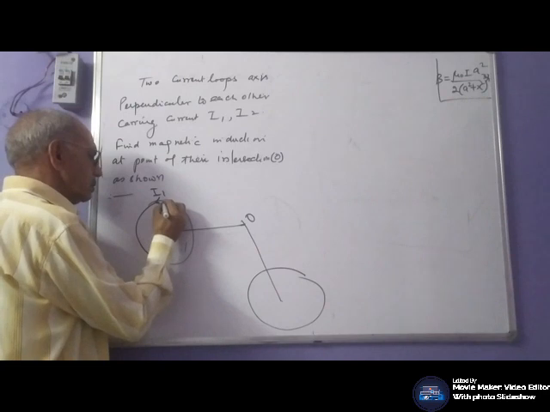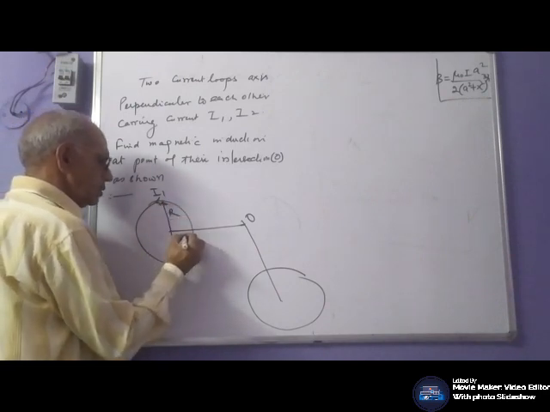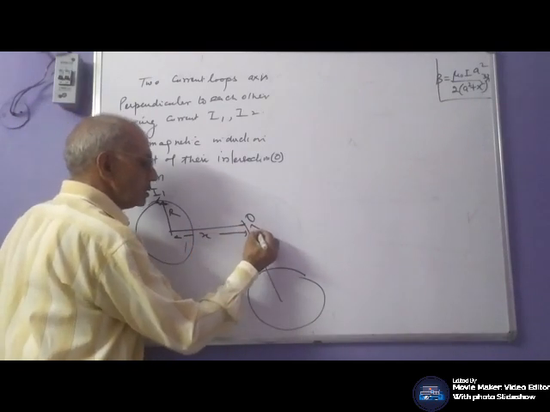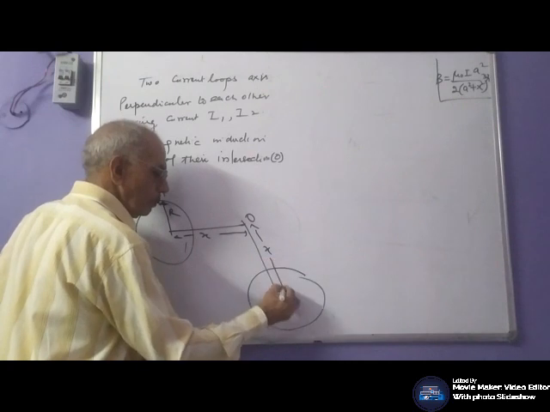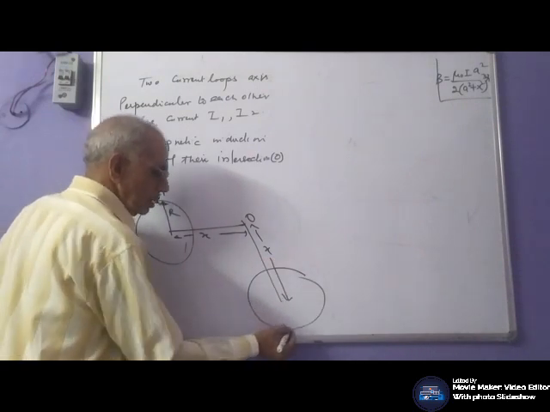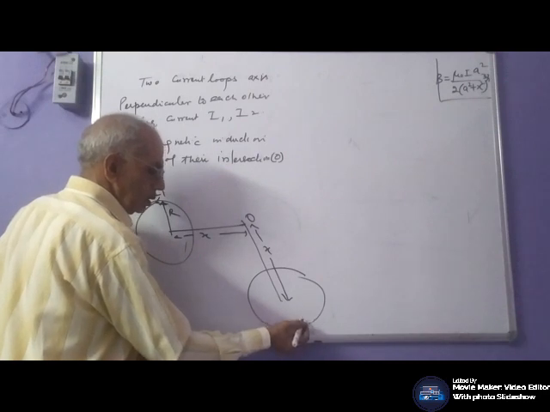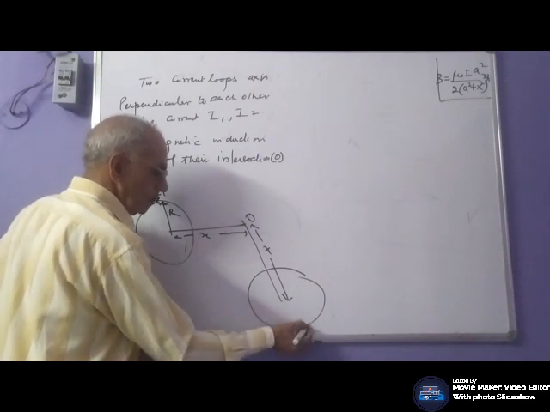The radius is R. This distance is say X, this distance is also say X as shown. This is current.